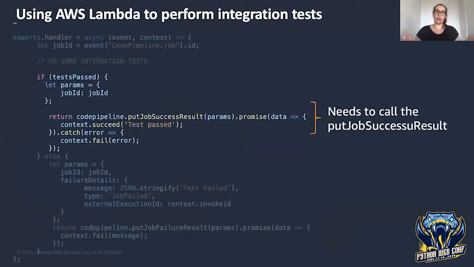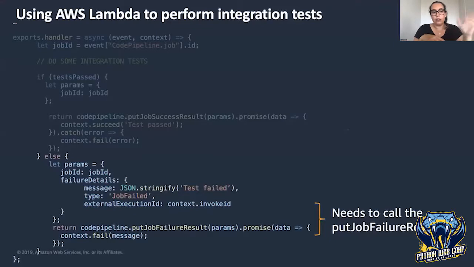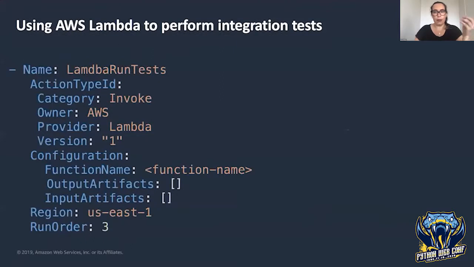So basically, you will add a Lambda function to your actions that will do the integration test, and when the test passes, you need to put a message in this place. If not, then the action will run forever. And if your test failed, you need to put an action in this other put job failure result. And this is how you define your Lambda integration test in your stage as an action.